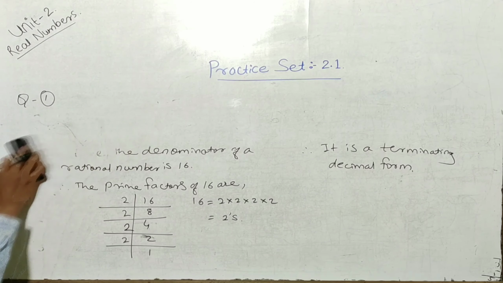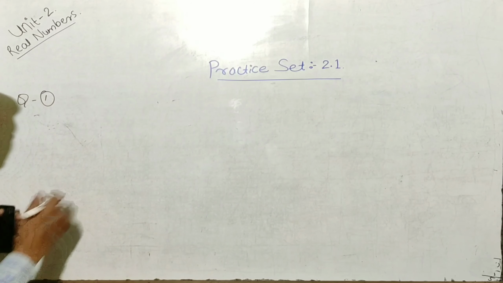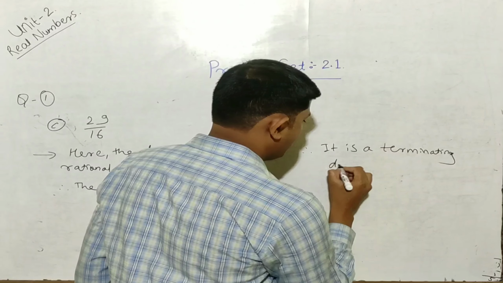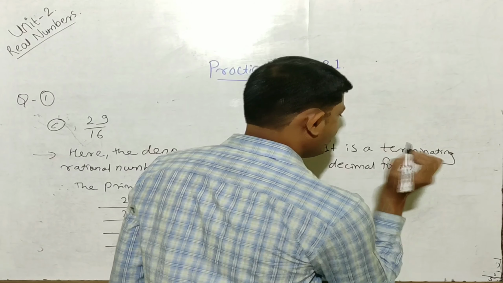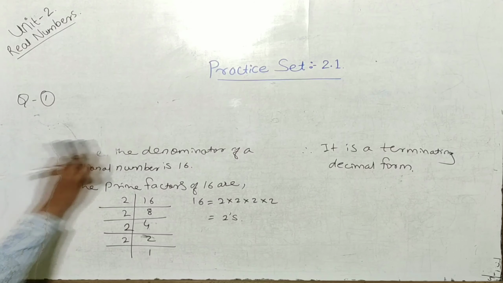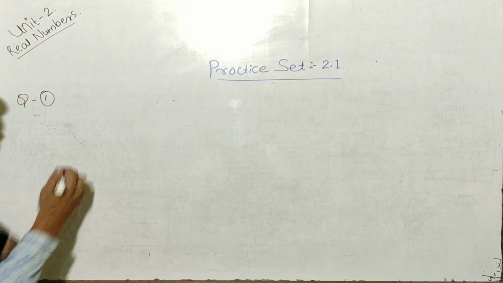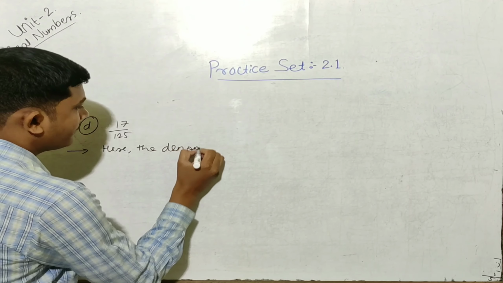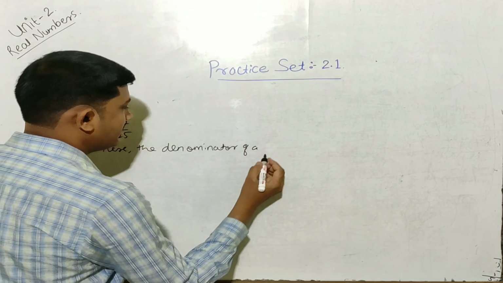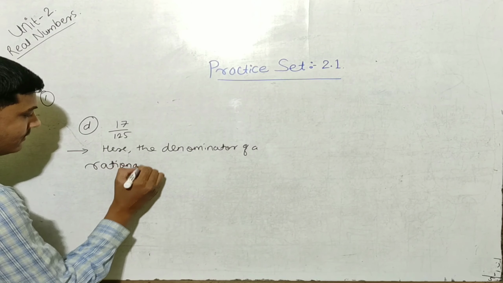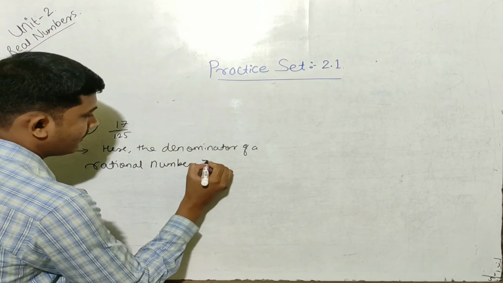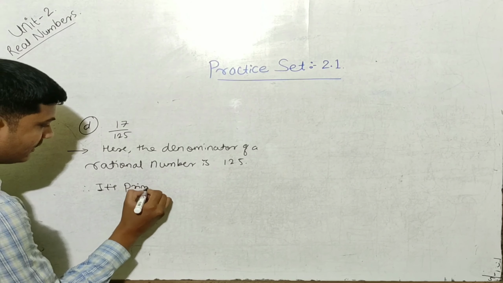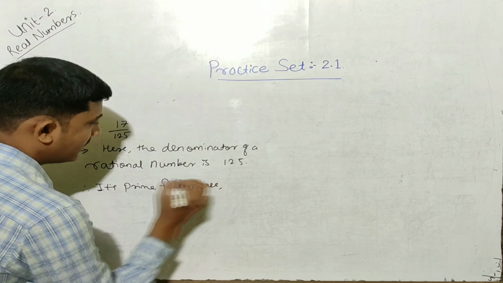Next one, upon 125. Here the denominator of the rational number is 125.